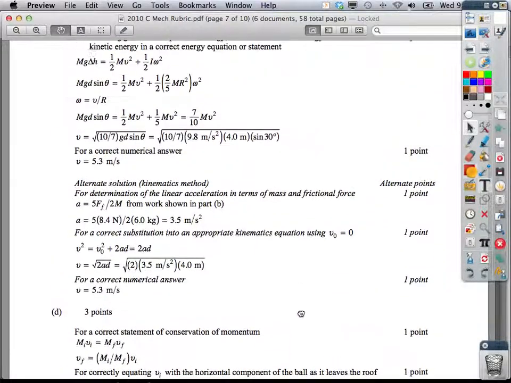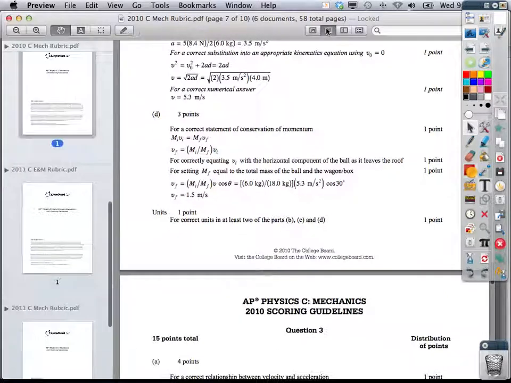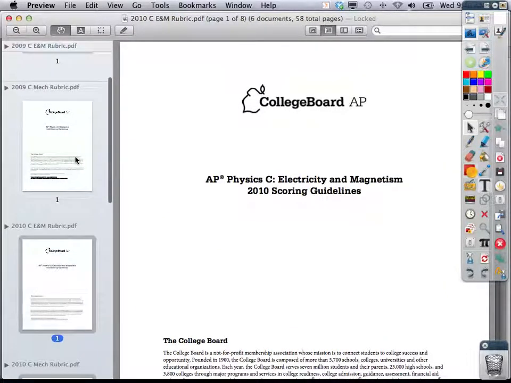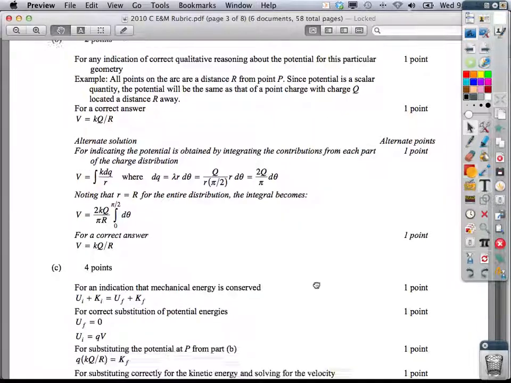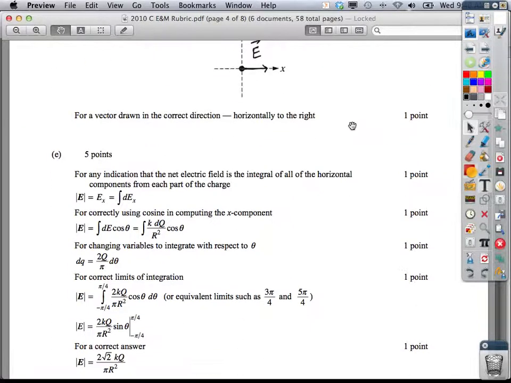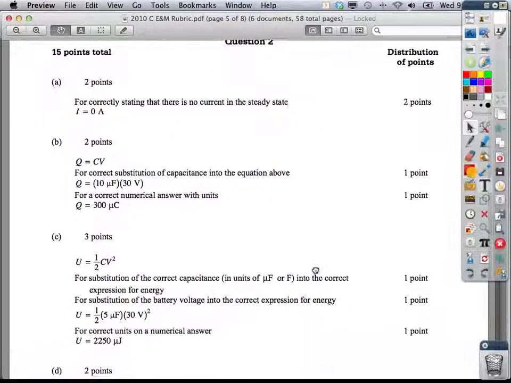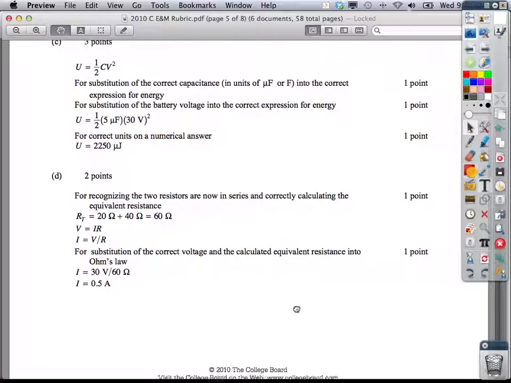Okay, so let's see. So the answer for that is this one? No, this is the kinematics one. Here we go. Okay, so this is all, yeah, that's fine. That one's good.